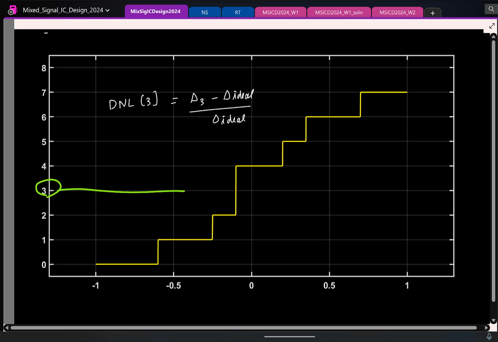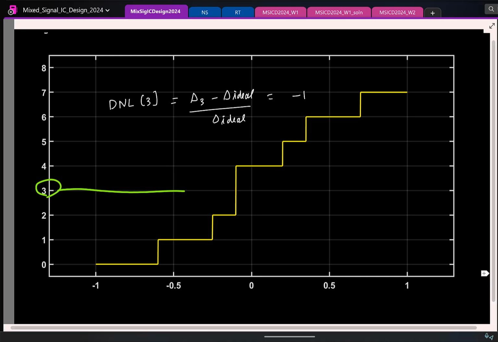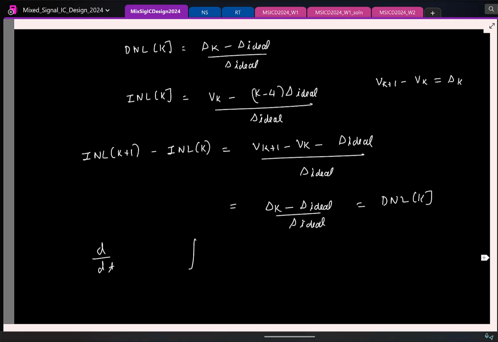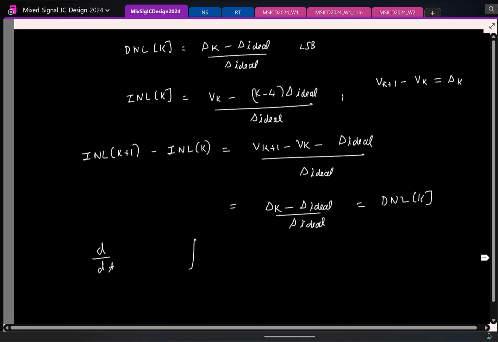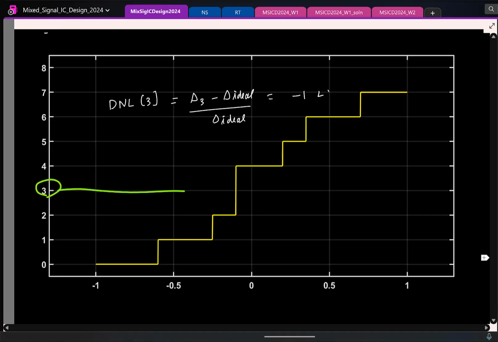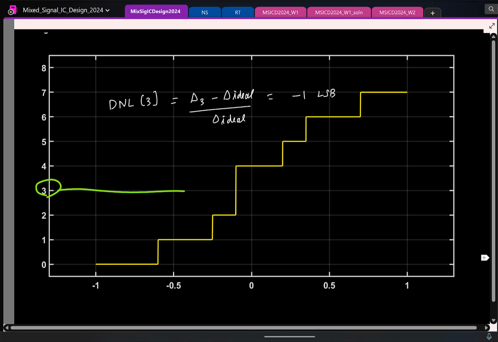So what is the delta for the code 3? 0. So this is going to be minus 1. In principle, DNL and INL are unitless, but typically we say it's so many LSBs, least significant bit. So this is basically minus 1 LSB. What this means is the code is not even present in your quantizer characteristic. So this scenario is often called a missing code.